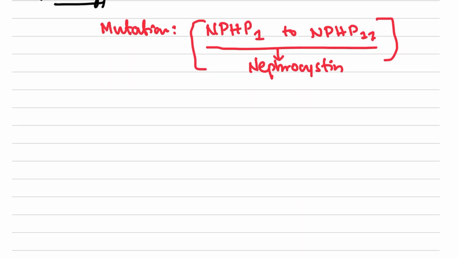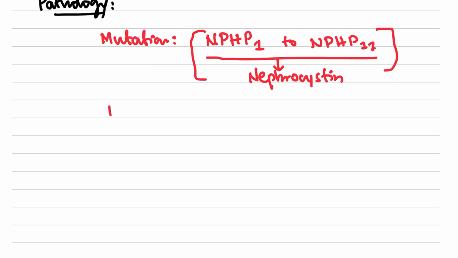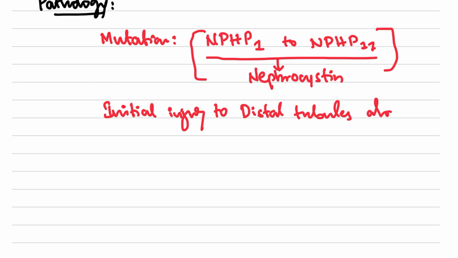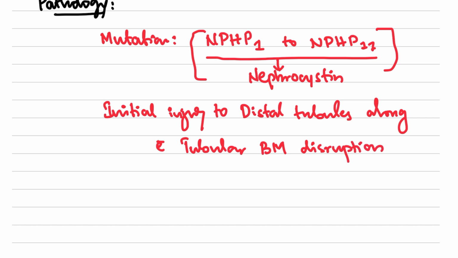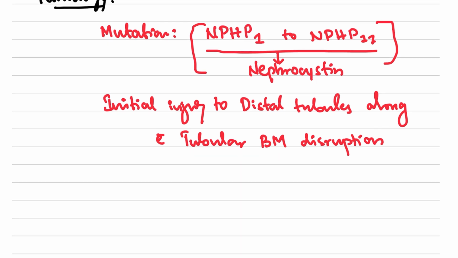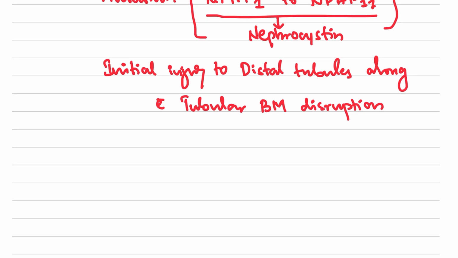This will lead to initial injury to the distal tubules along with tubular basement membrane disruption. So there will be mutation in NPHP1 to NPHP11, and defective synthesis of nephrocystin protein, leading to initial injury to the distal tubules along with tubular basement membrane disruption.